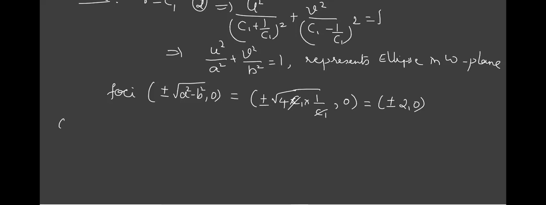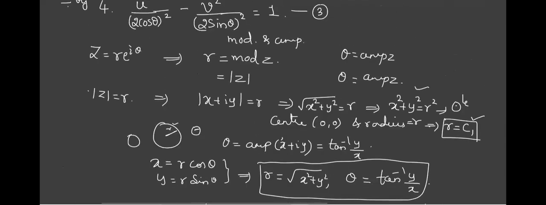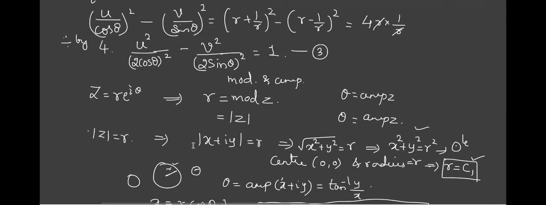This is the first case. What is the second case we have to take? Theta equal to C2. What are we taking? We are taking a line passing through the origin in the Z plane. We can substitute this very easily: theta equal to C2 in equation 1, equation 3. It is again in the form of C2 constant: u square by a square minus v square by b square equal to 1.